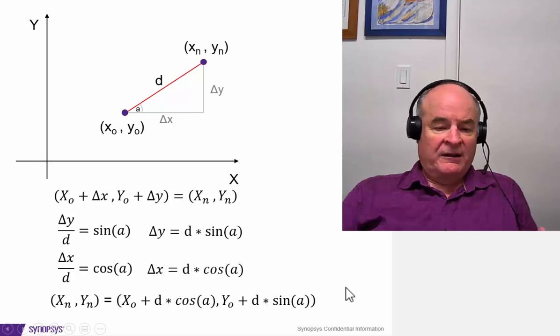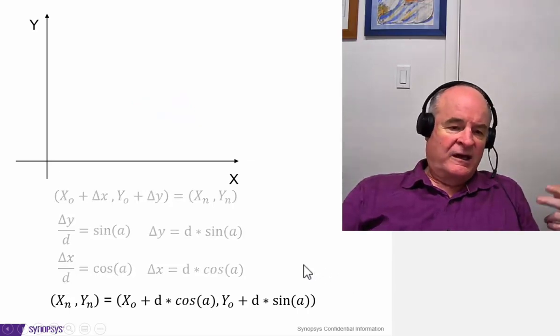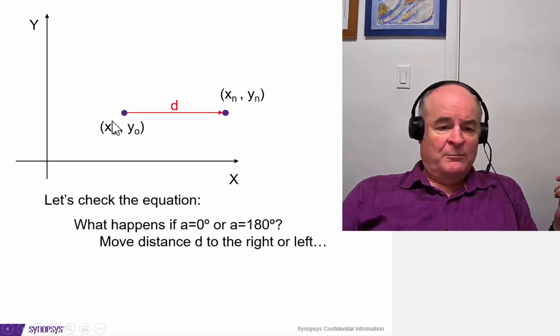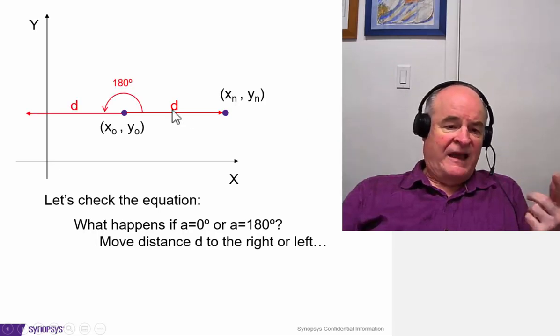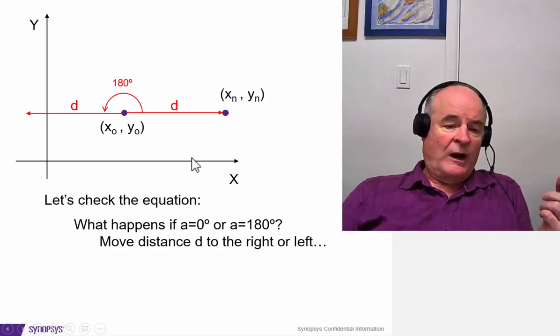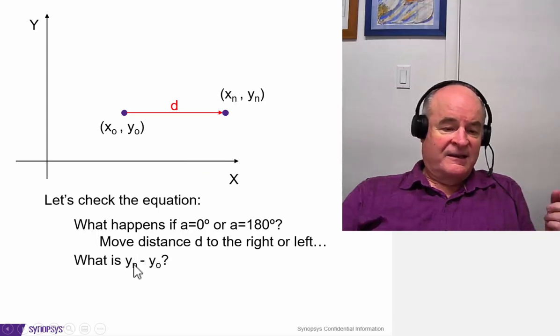Now, before we implement it, let's do a little bit of checking to see what we expect to get. If I take a random point and I move at an angle of 0, so move to the right, or if the angle is 180 degrees, since there are 360 degrees in a circle, 180 is the opposite direction. If I go either to the right or to the left, what is the difference in the y values?